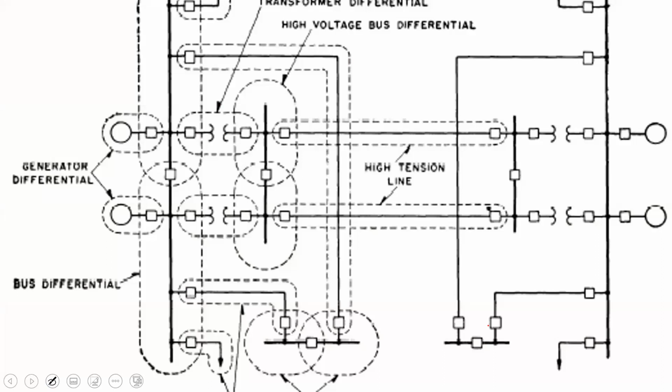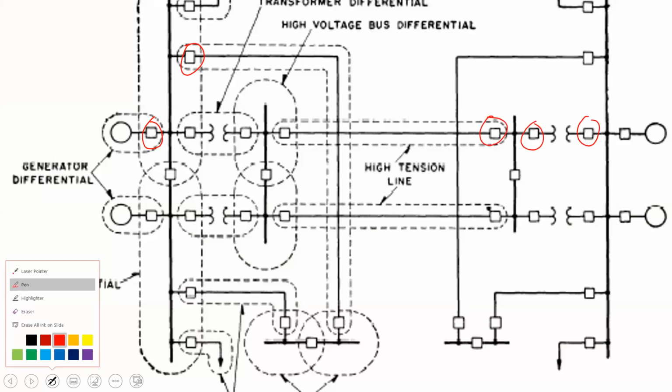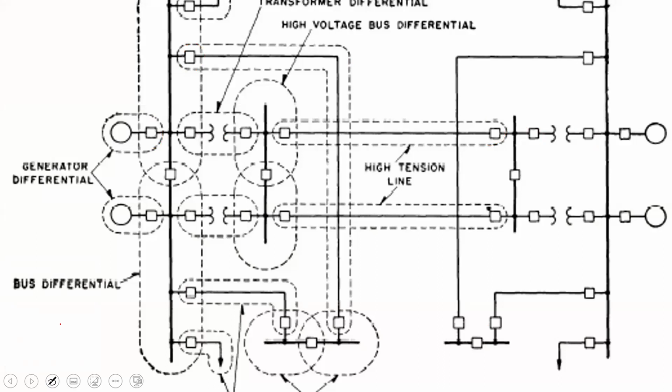Each of these little boxes here are your breakers. For your transformer, those are your breakers. And where you see the dotted lines, those represent your zones.